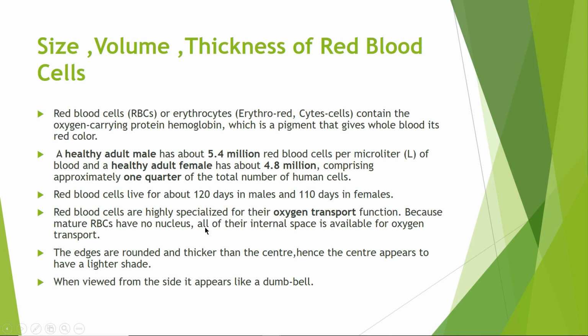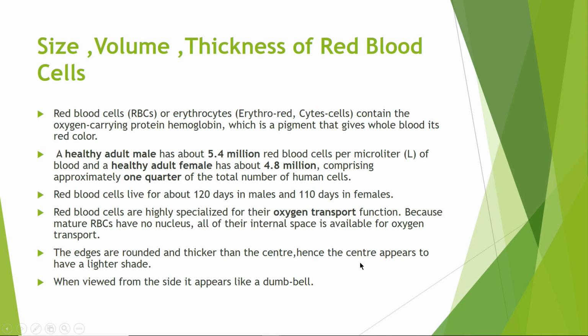And this is why the RBC's internal space is increased and hemoglobin gets to take some space over there, right? And this is to be noted that much hemoglobin means much oxygen carried to the cells. The edges are rounded, thicker than the center. Hence, the center appears to have a lighter shade.